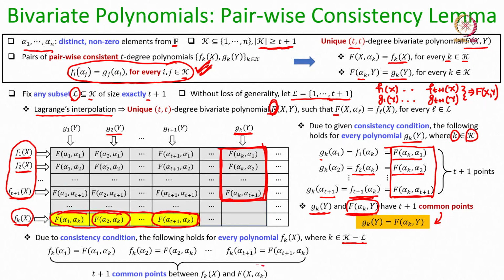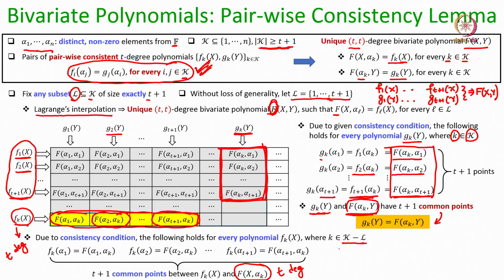That polynomial is f of x, alpha k, namely they are the points on the supposedly kth row polynomial of this bivariate polynomial, and its degree is also t. So, f k of x is a t degree polynomial, and the supposedly kth row polynomial of the bivariate polynomial also has degree t.